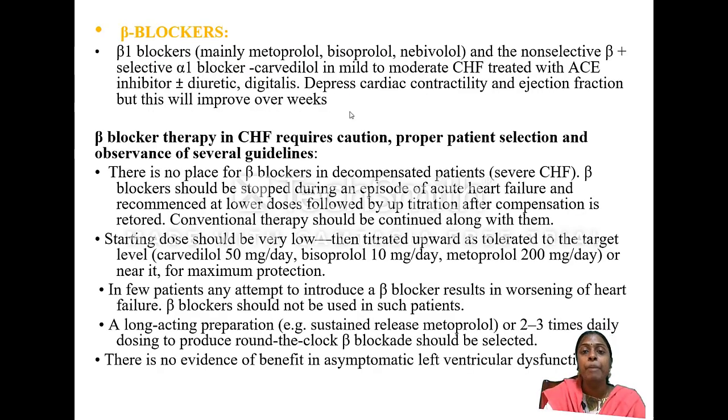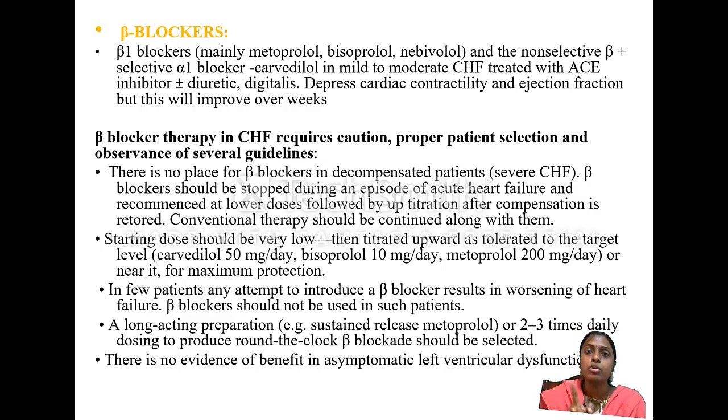Next one is beta blockers. Beta blockers are like reversing the symptoms. Why will we give the beta blockers? Because beta blockers will suppress the contractility. In some conditions, sometimes contraction will be more, but the relaxation of the heart muscle will be less.